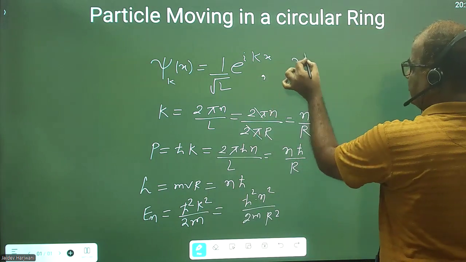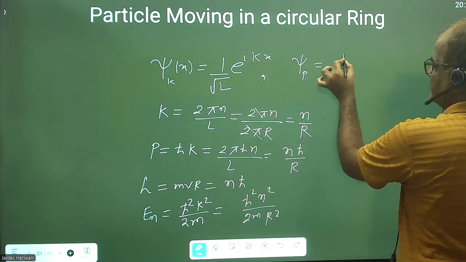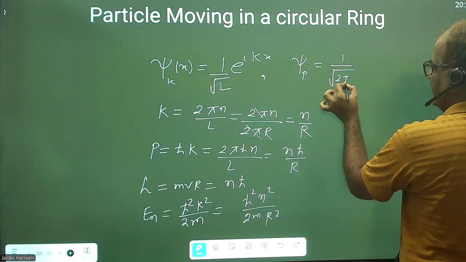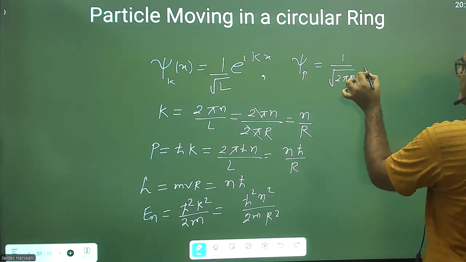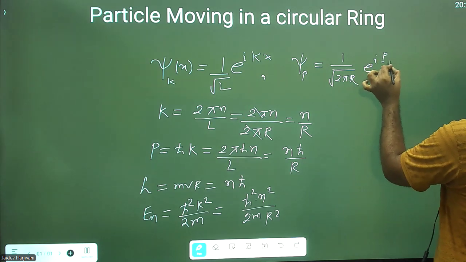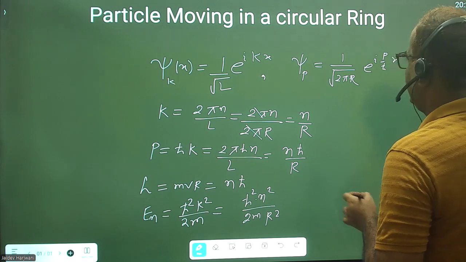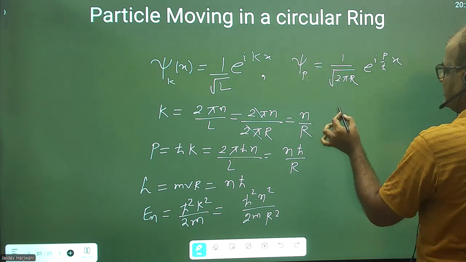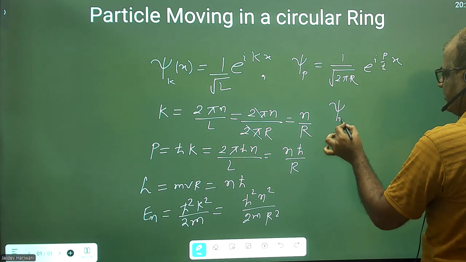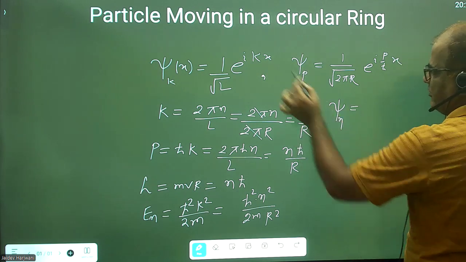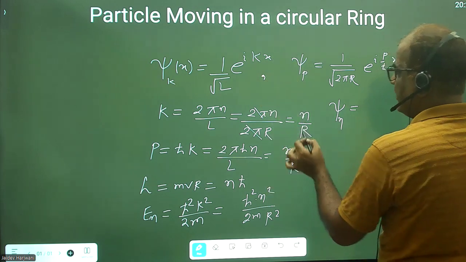In terms of momentum, the wave function becomes 1 upon root L, where L is 2 pi r, times e power iota p upon h cut x. I can also write this wave function in terms of the number n. We know that k is n by r.